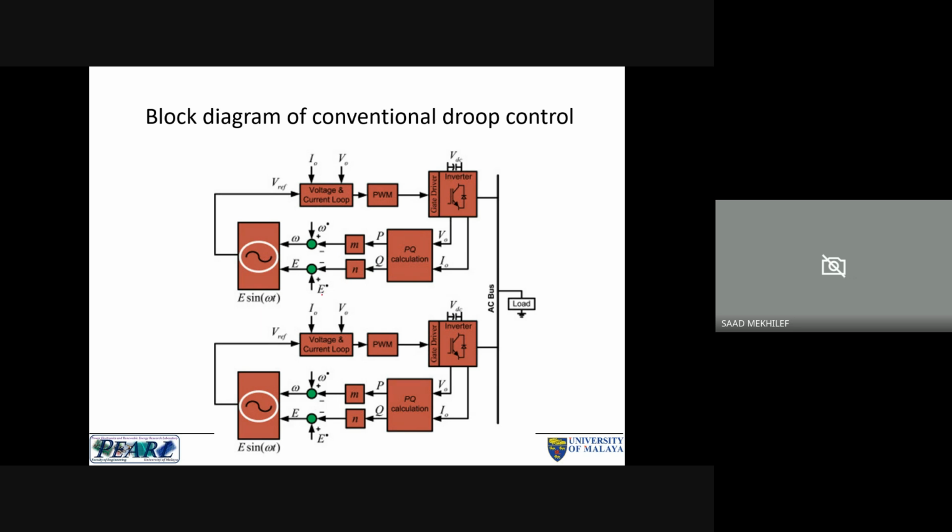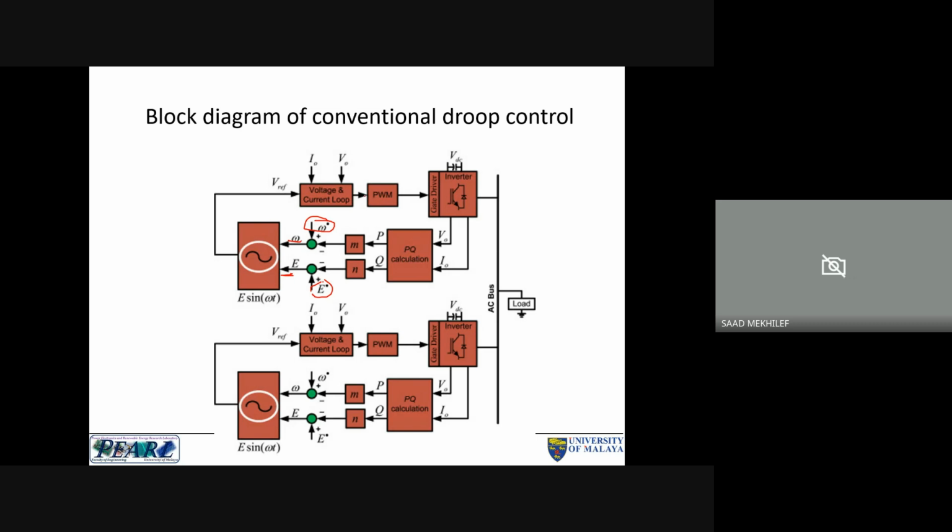Then we have the reference voltage and the reference frequency, and we generate what the voltage and the frequency will be. That gives the voltage reference to the voltage and current loops, and then we generate the PWM.